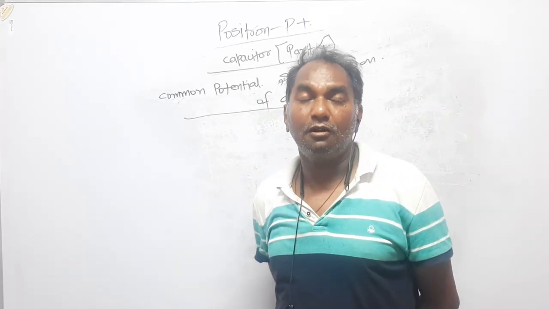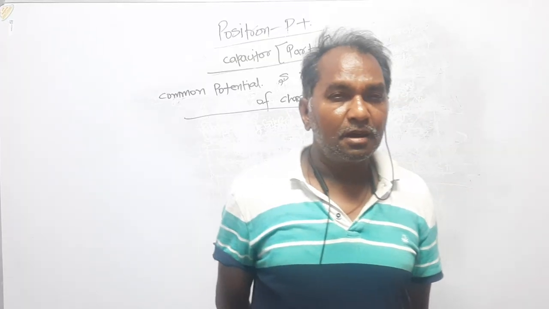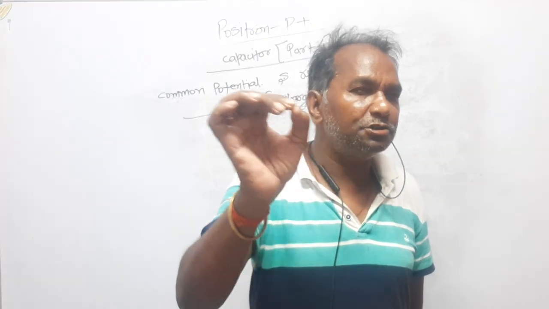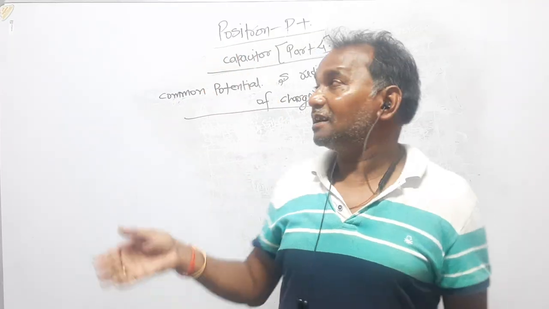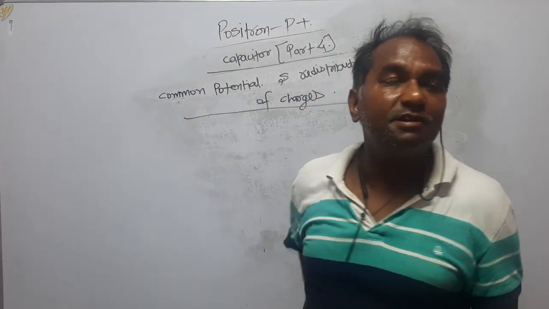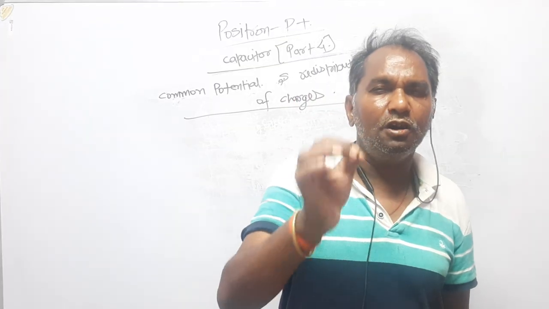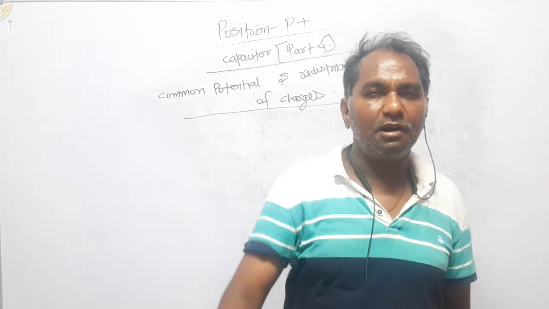Or you can say that positive charge flows from higher potential to lower potential, because here the word is redistribution of charge. That's why positive charge flows from higher potential to lower potential, whereas negative charge flows from lower potential to higher potential.